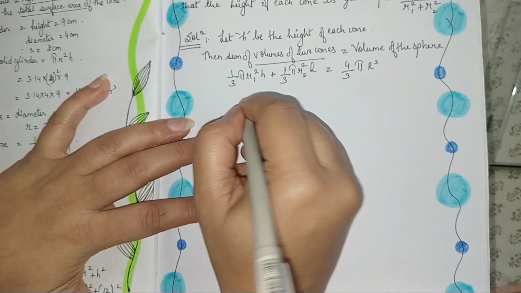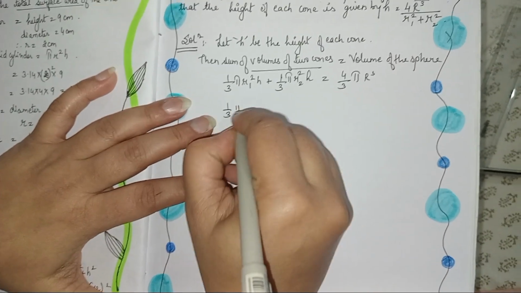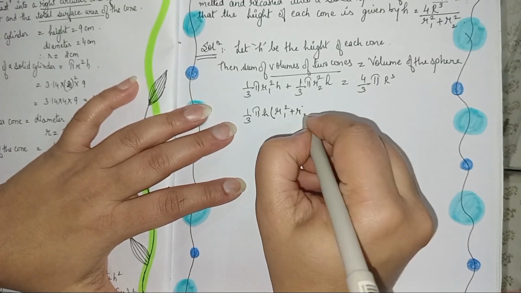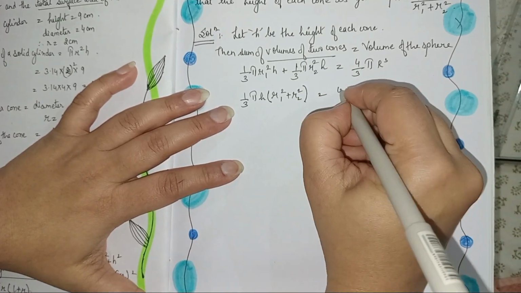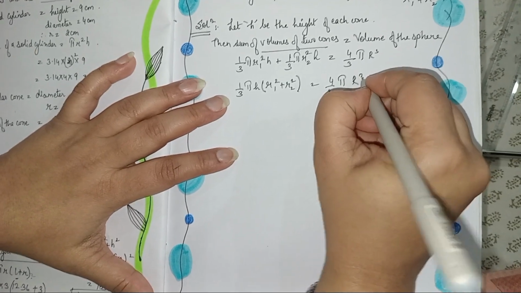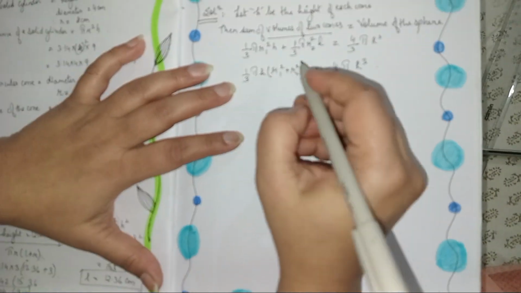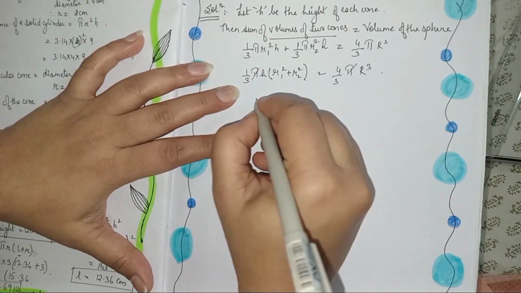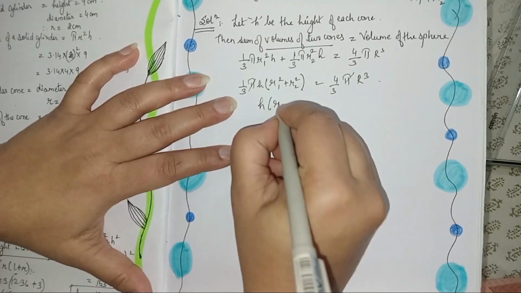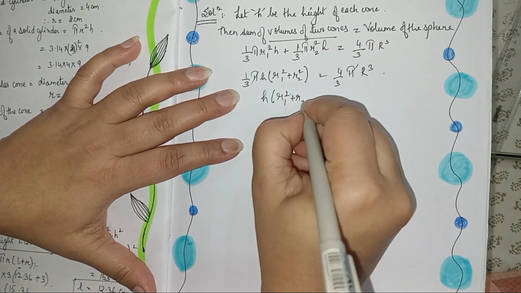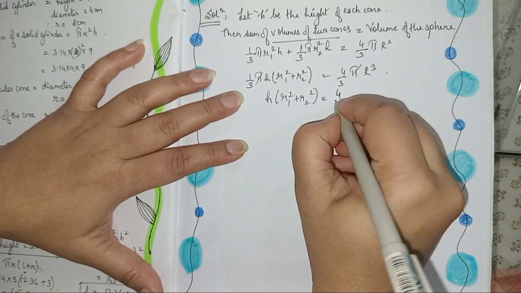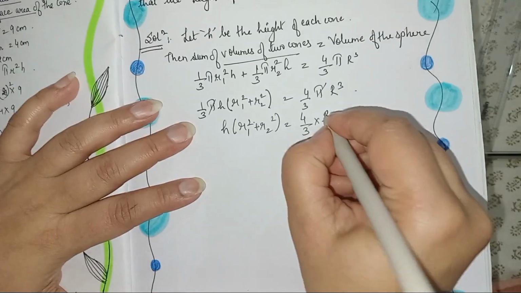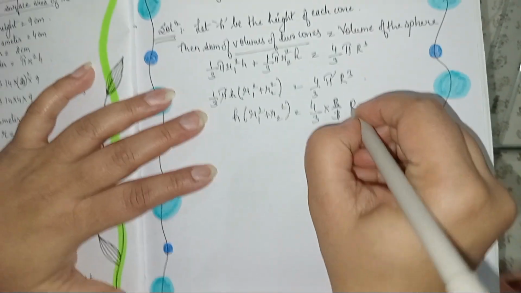Okay, simply taking common, we get 1/3 pi h into r1 square plus r2 square equals 4/3 pi r cube. Pi gets cancelled with pi. h into r1 square plus r2 square is equal to 4/3 into 3/1 r cube.